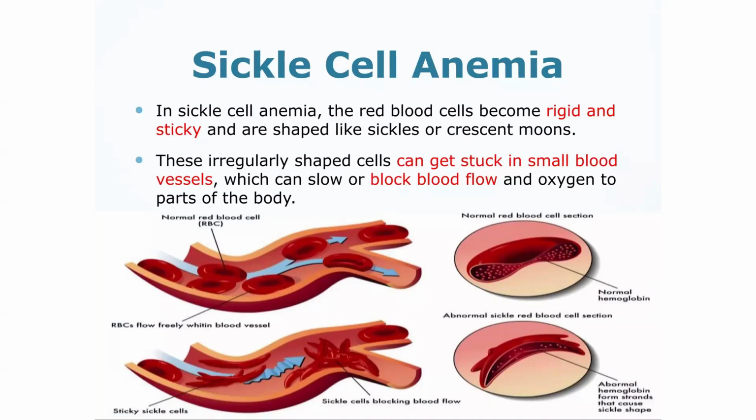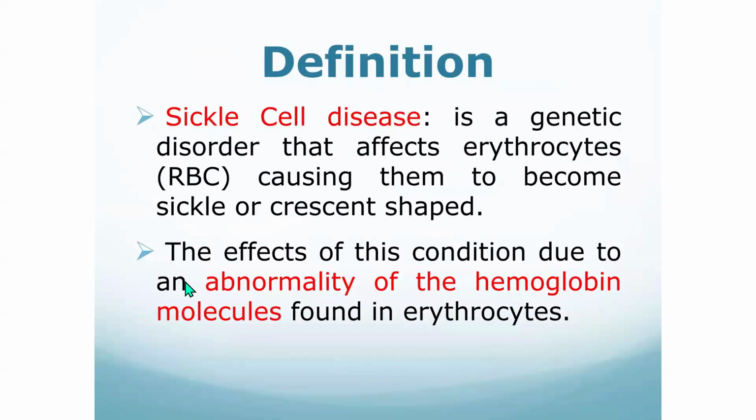So what is the definition of sickle cell disease? Sickle cell disease is a genetic disorder that affects erythrocytes, causing them to become sickle or crescent shaped. It is a genetic disorder that a child inherits from an infected parent or carrier parent.